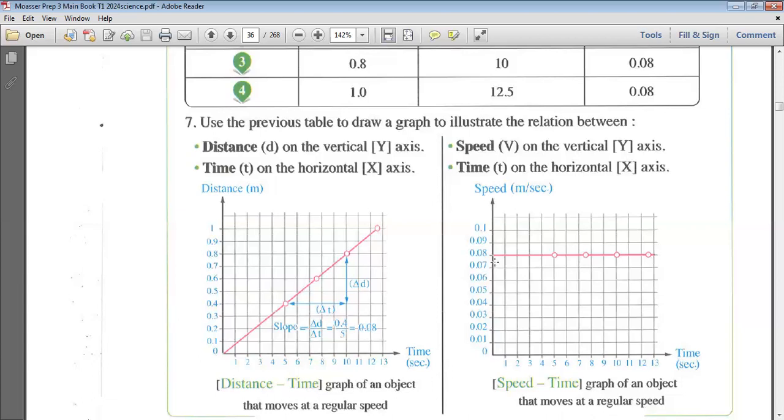Give reason. The speed time graph of an object that moves with a regular speed is represented by a straight line parallel to the time axis because the speed remains constant by passing time. The speed here is 0.8 by passing time. Okay.